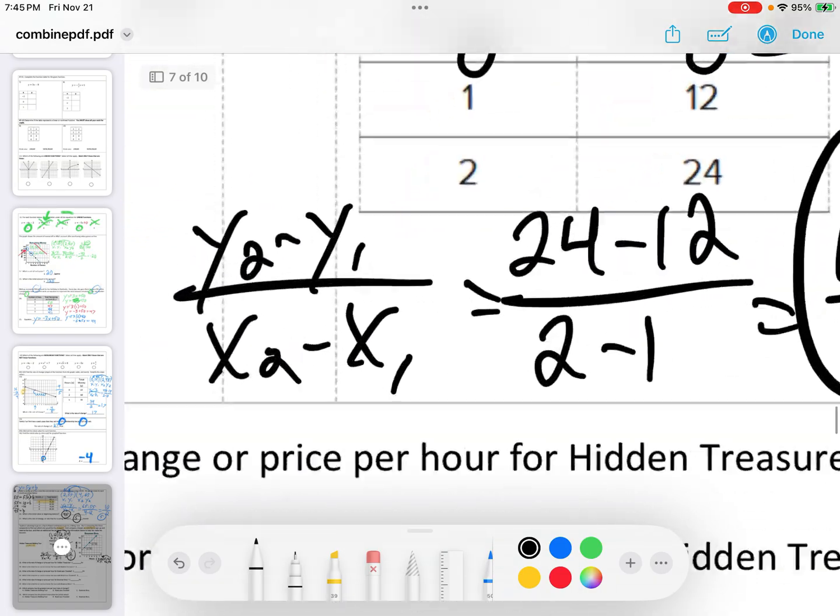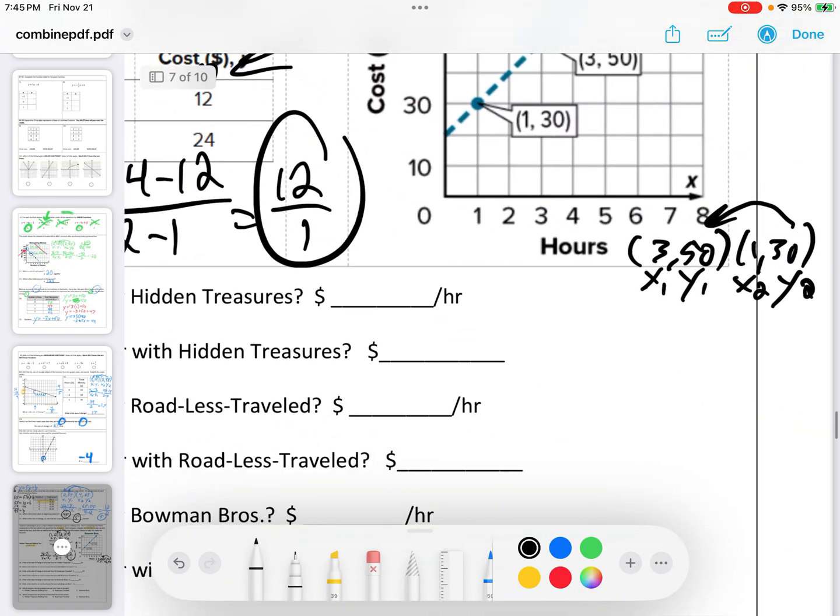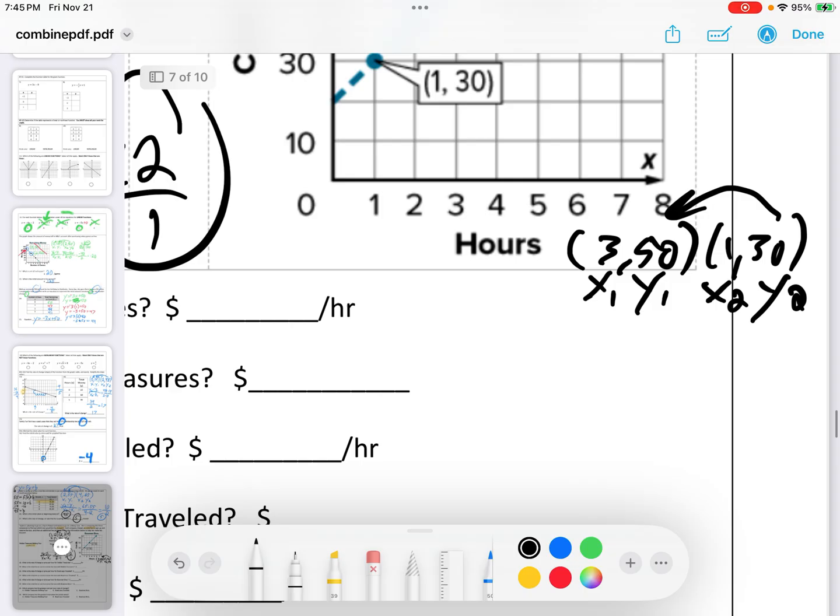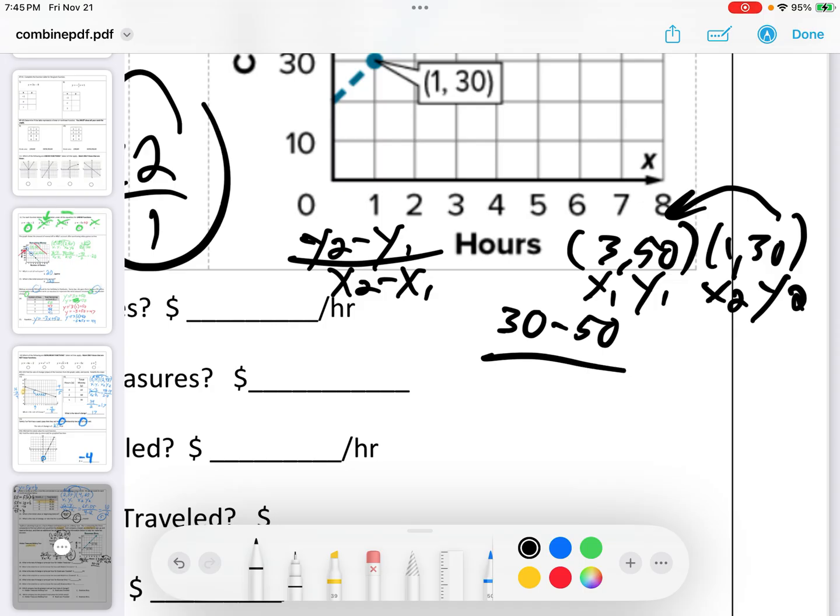Now, I already have the formula here, but I'll rewrite it. Okay, y2 minus y1: 30 minus 50 over 1 minus 3. Negative 20 over negative 2. Negative divided by negative is a positive.